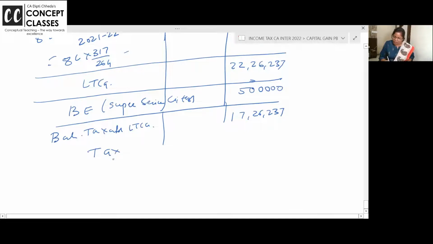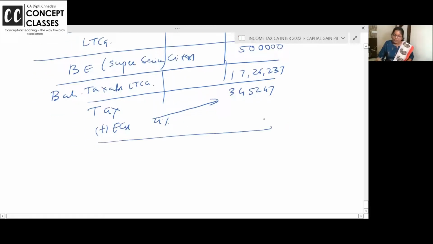चलो, now calculate tax on 17,26,237 at the rate of 20%. So the tax is coming to 3,45,247. Are you all with me? Then cess 13,810.